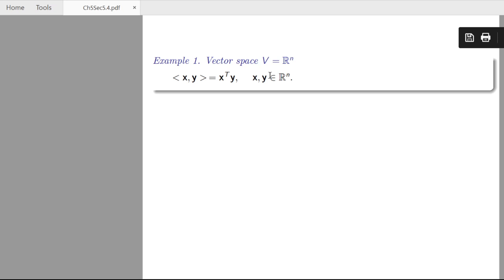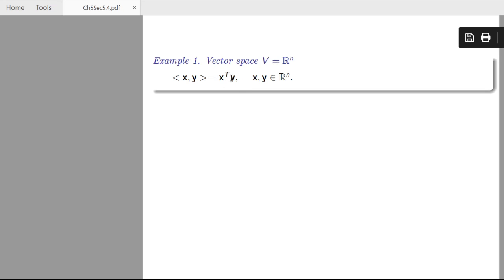Example 1 here, the vector space is Rn. In this case, we define the inner product between x and y by the transpose of x times y. This essentially is a scalar product. It's a scalar product in Rn.